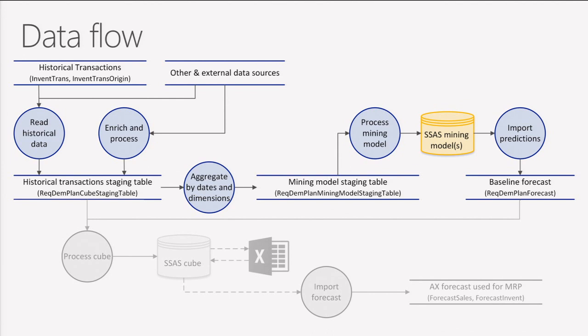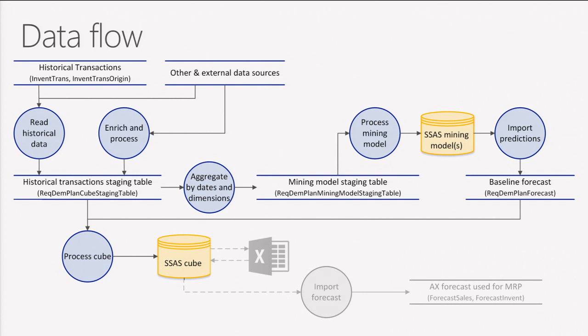So basically, you have the historical data in the cube staging table and the predictions in the forecast table. And those two data sources are used to process the SSAS cube. And basically, the SSAS cube is the multidimensional database that stores both the historical transactions, so you can see them in Excel, and also the future forecast.